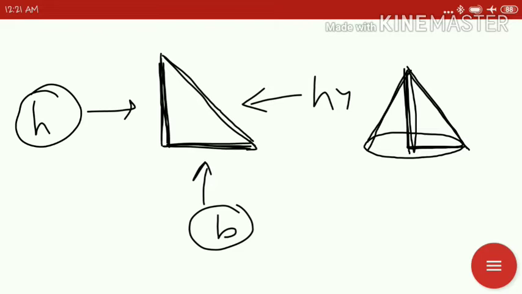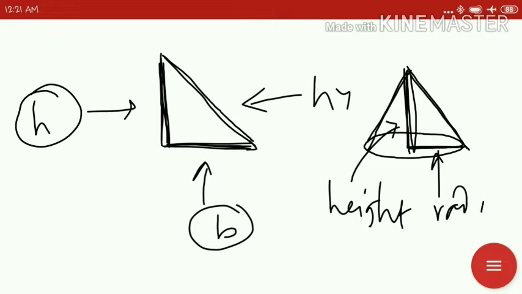Here we have learned three things: this one is called the height of the cone, that one is the radius of the base, and the hypotenuse we call the slant height. These three are the basic main features of the conical shape.